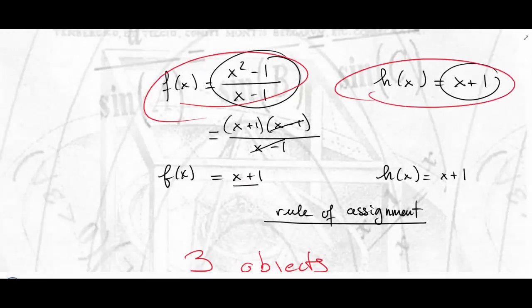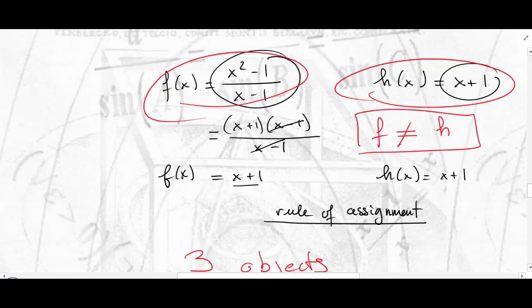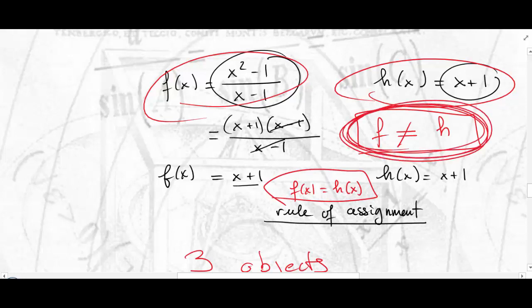Therefore, we cannot write that the function f is equal to the function h. I do have f of x equals h of x because that's a rule of assignment. And whenever that's defined, they are equal. But the two functions are not equal because a function is 3 objects, and the domains are different.